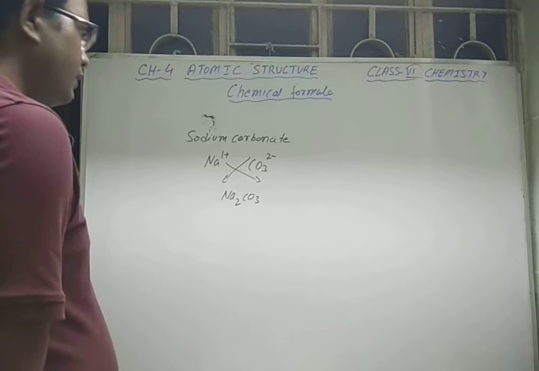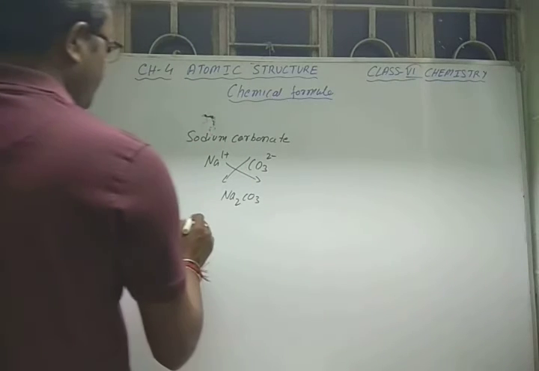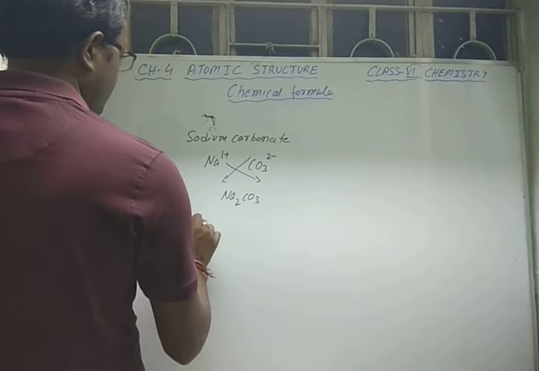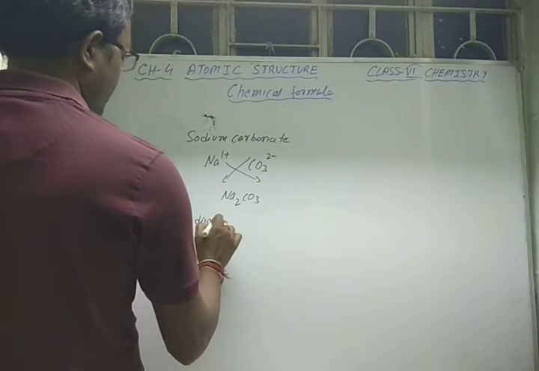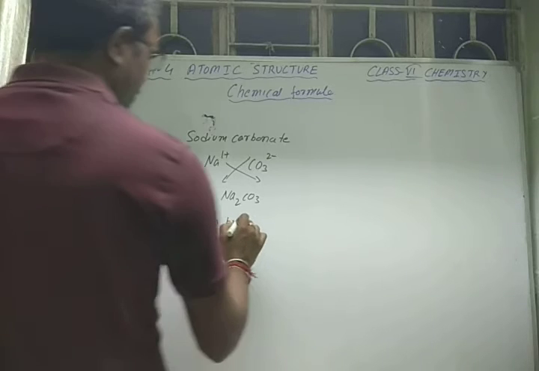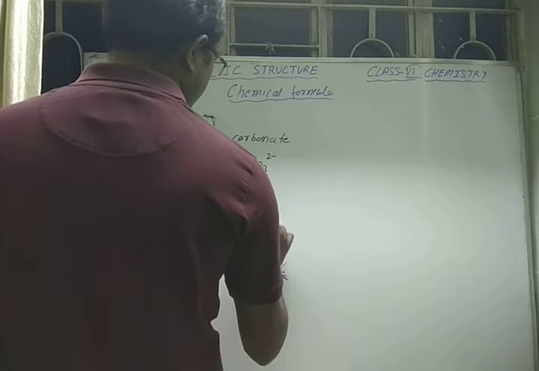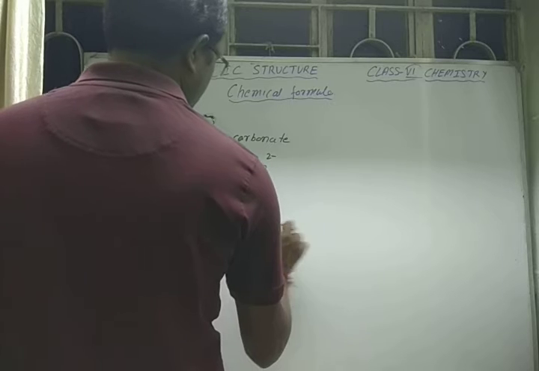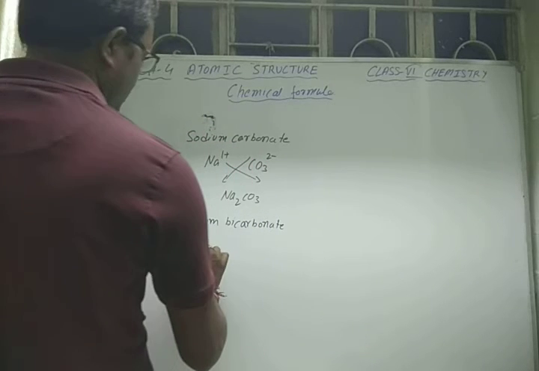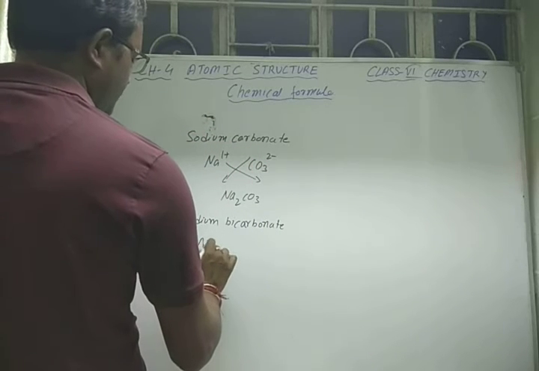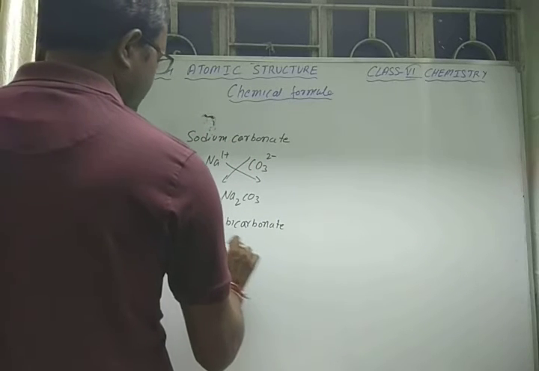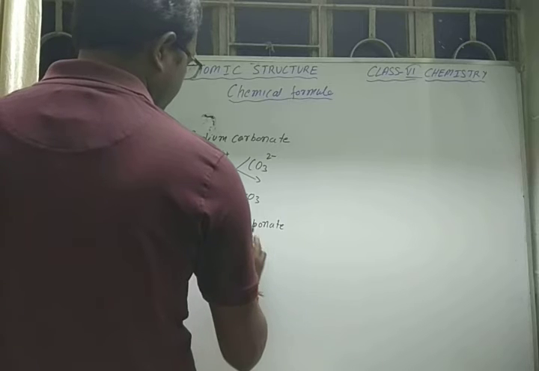Okay. Similarly, if you want to make a formula of sodium bicarbonate or hydrogen carbonate, how will you write? First of all, you have to write the symbol of sodium, again 1 plus, and bicarbonate.